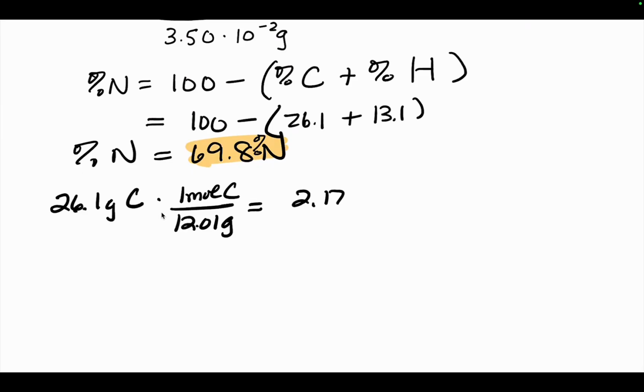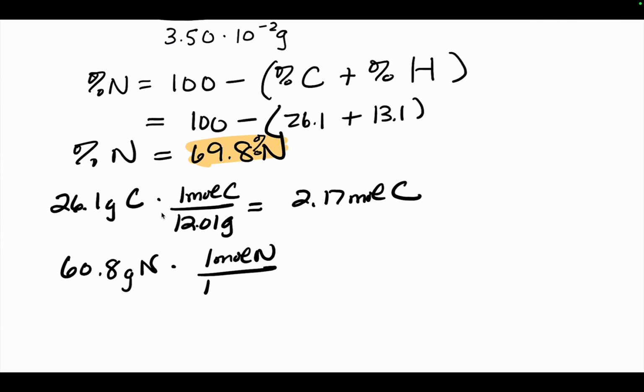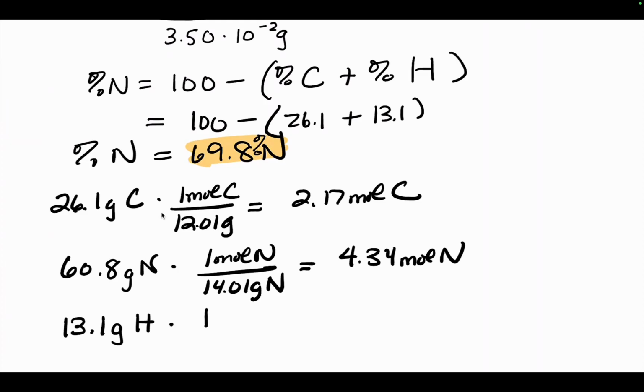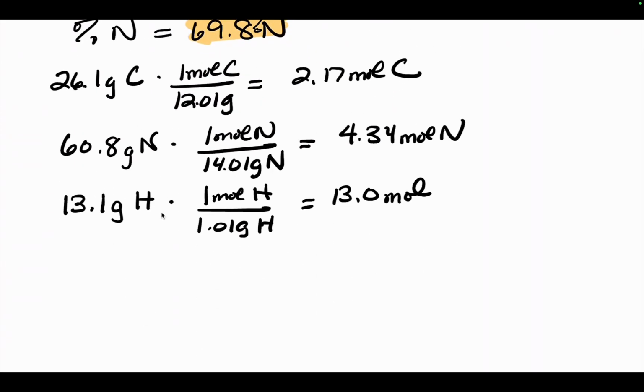So 2.17 moles of carbon, 69.8 grams of nitrogen, and then hydrogen, 13.1. Once we get to this point, we want to divide by the smallest number of moles.